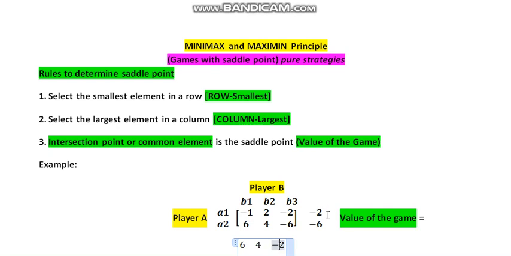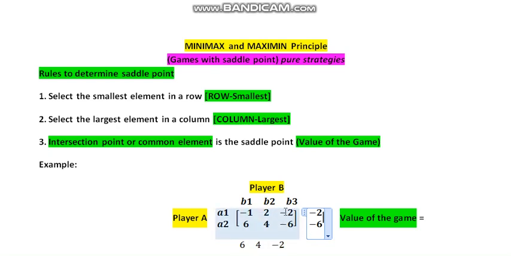Just remember the smallest elements from the row: first row it is minus 2, second row it is minus 6. For a row it has to be the smallest element. Now for a column, it has to be the largest element. So it is 6, 2 and 4. The largest one is 4. Now minus 2 and minus 6, the largest one is minus 2.